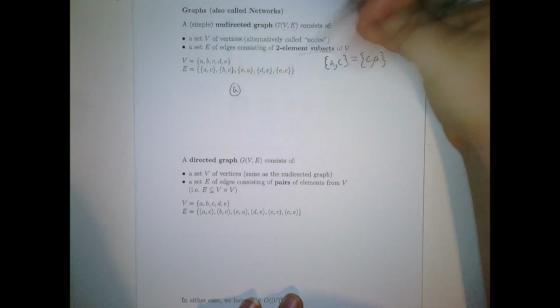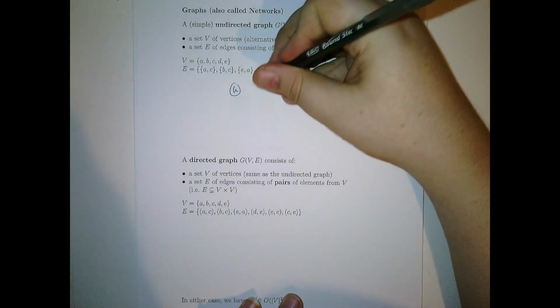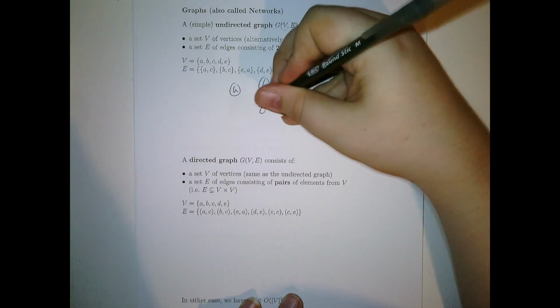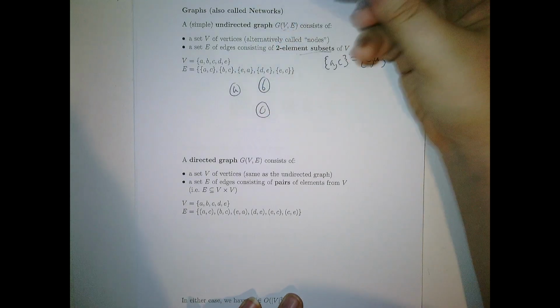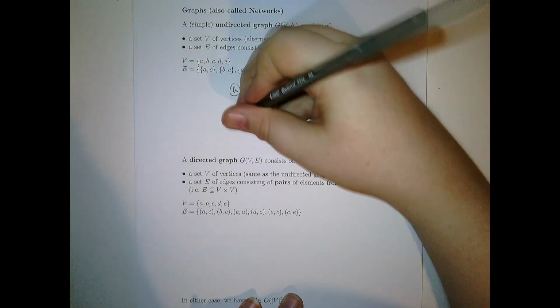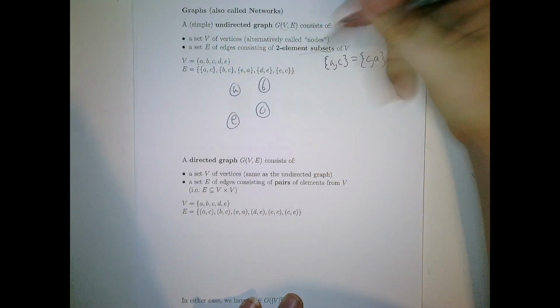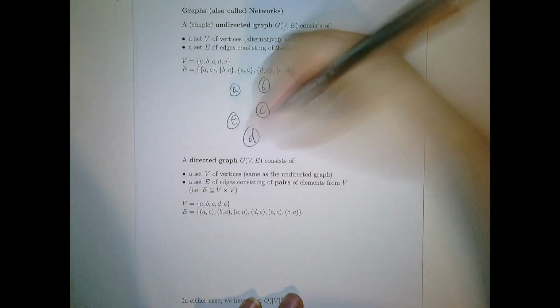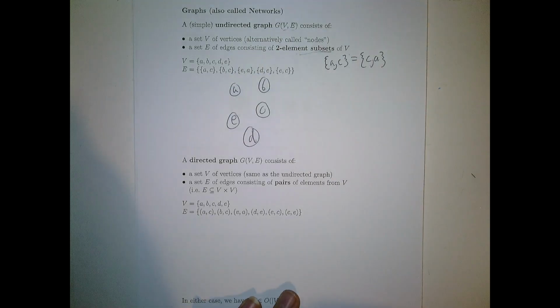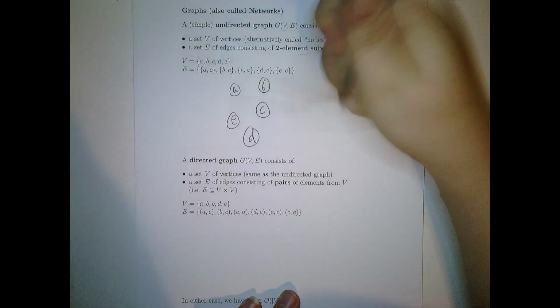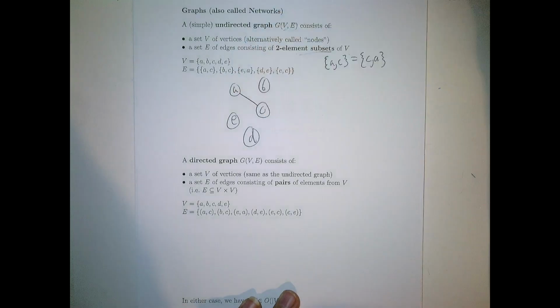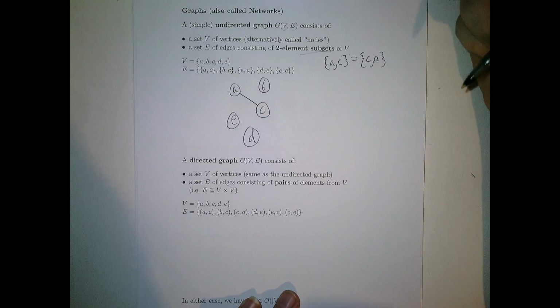So we have A, we have B, we have C, we have D and E, say like this. So let's see, what connections do we have? Well, A and C are connected, so I'll draw a connection between them, right? They have an edge.